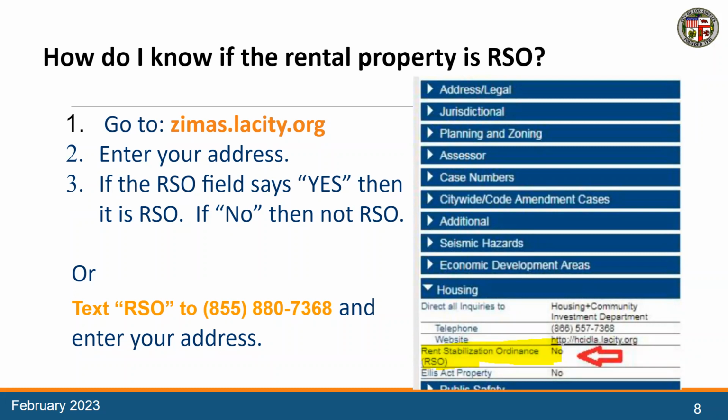If your unit is subject to the RSO, it would answer yes, and if it's not, it will state no, like it does in this example on the screen. An alternative method to determine if your unit is subject to the RSO is to use our text line. You can text the words RSO to the number 855-880-7368. You will be prompted with some follow-up questions where you would enter your address, and then you would receive a text message letting you know if you're subject to the rent stabilization ordinance, along with additional information.